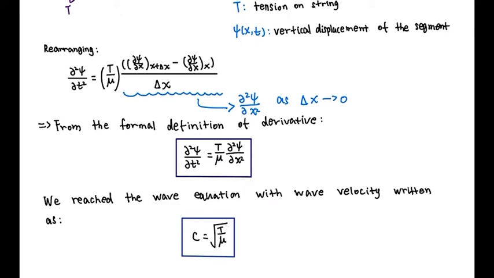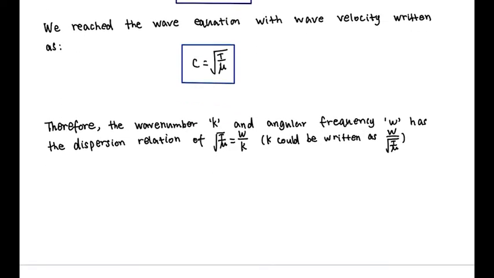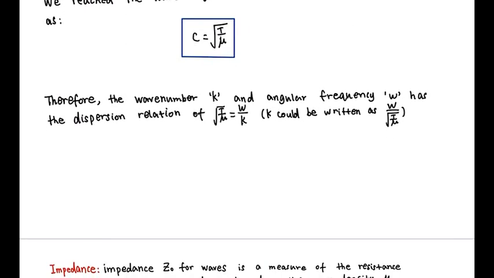Then from the formal definition of derivative, we reach the wave equation with the wave velocity written as c equals the square root of T over mu. Therefore, the wave number k and angular frequency have a dispersion relation: the square root of T over mu equals the frequency over k.